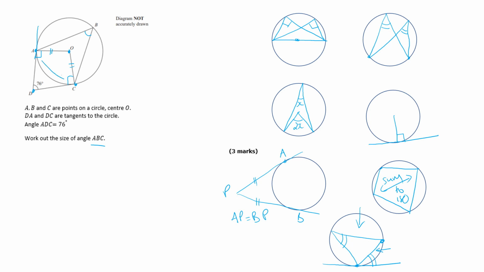Because these two corner angles here are both 90, that's half your 360. So this pair here have to go together to make 180. If we've already got 76 here, then this one's going to be 104. And then we've got the arrowhead with the angle at B going to be half of the 104. So that's going to be 52 degrees.